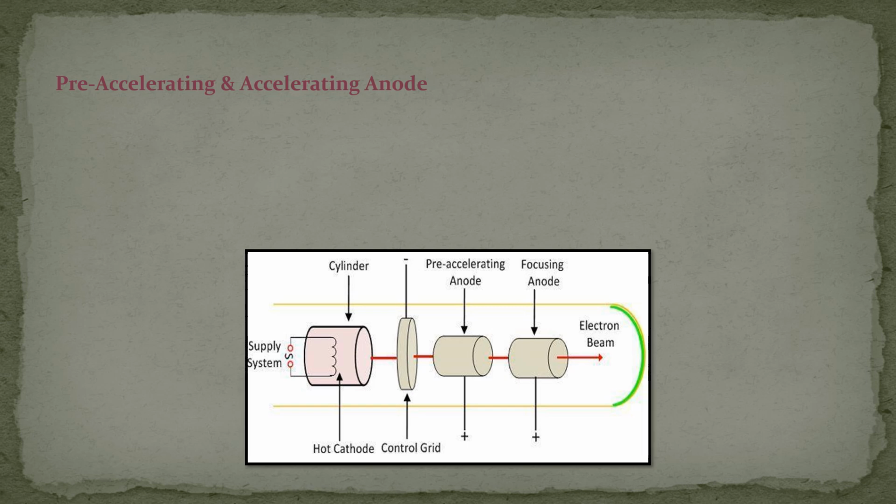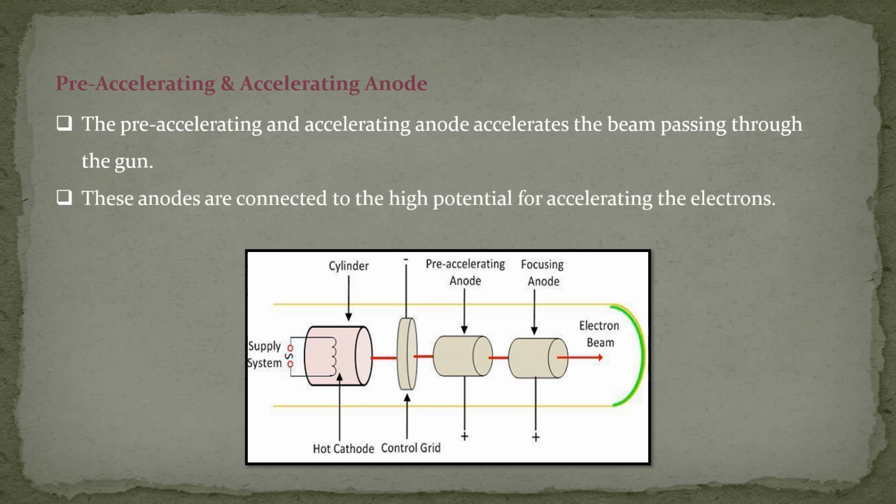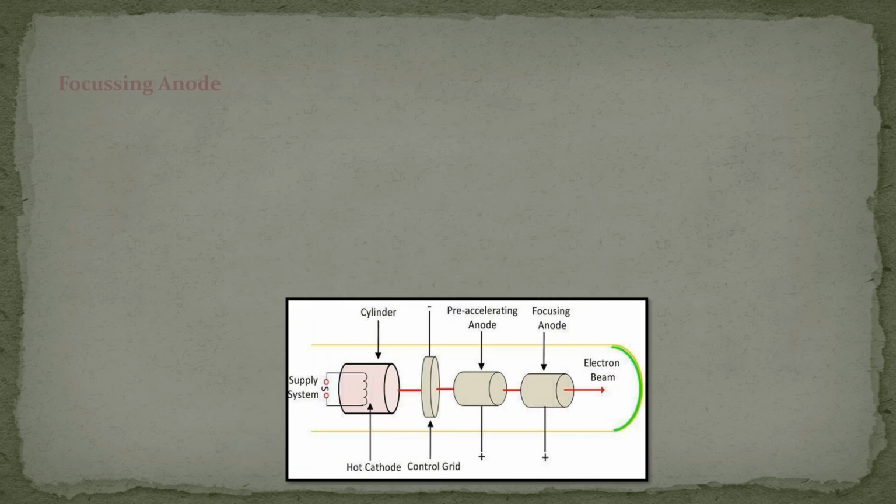Pre-accelerating and accelerating anode. The pre-accelerating and accelerating anodes accelerate the beam passing through the gun. These anodes are connected to a high potential. Focusing anode.